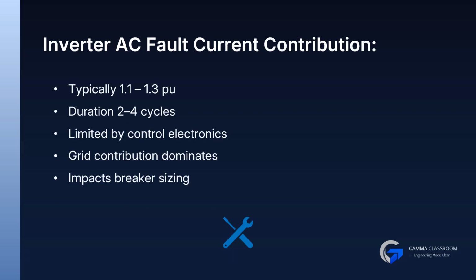Inverters do not behave like generators. Their fault current is very small, usually around 1.2 per unit, and lasts only a few seconds. This means breakers cannot rely on inverter fault current alone. Most AC protection must be coordinated based on grid fault current.